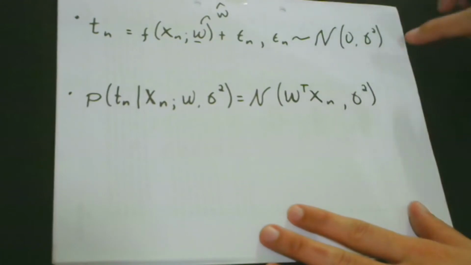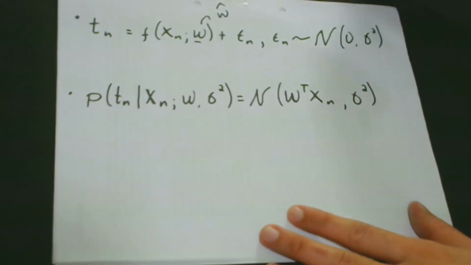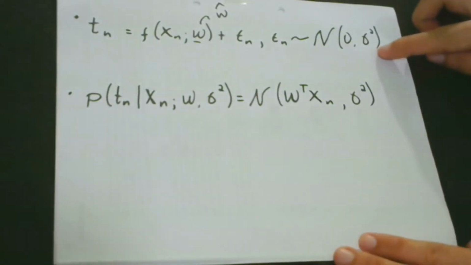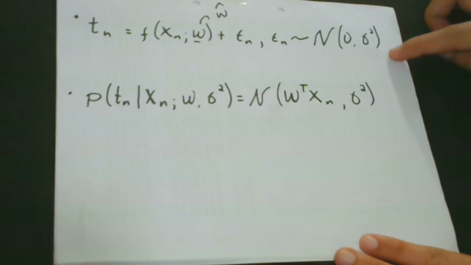We have here an additional parameter. Not only this one, but we've added here the standard deviation. This is the kind of thing that we're going to set for us to be able to have a better model.